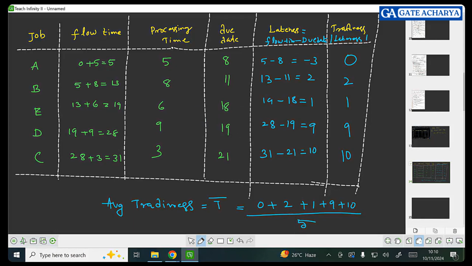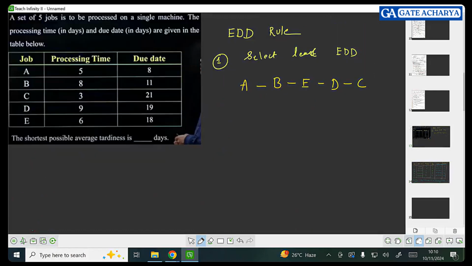That is 22 by 5. So T bar is equal to 4.4. That is your average tardiness. Like that you are supposed to solve the EDD rule. Your answer is 4.4 days. Hope you understand.